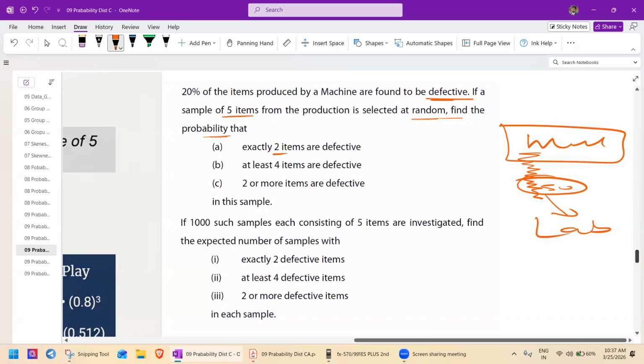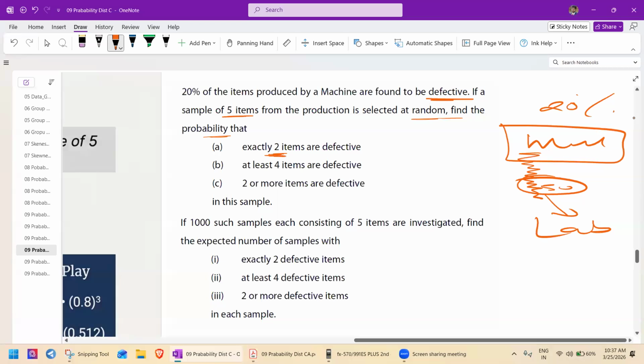And normally, on average, the machine produces 20% defective items. Out of 100, 20 units may be defective. Now randomly he picked 5. Now the question is, what is the probability of getting exactly 2 items?